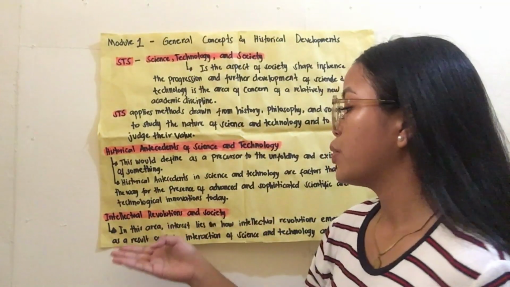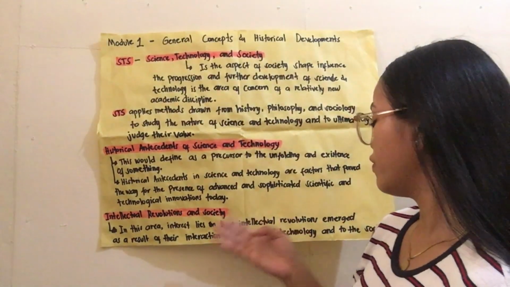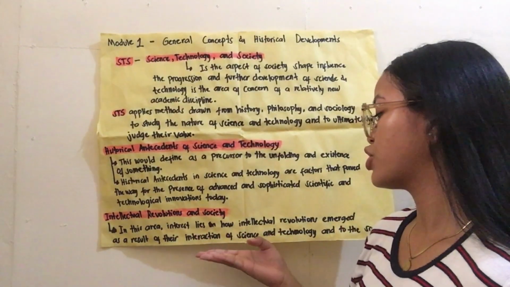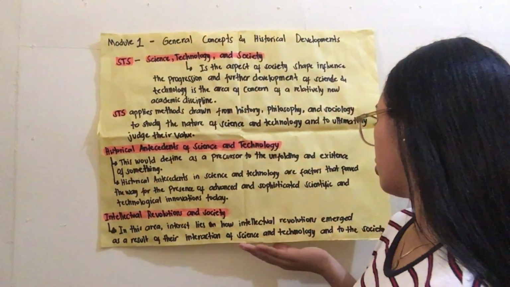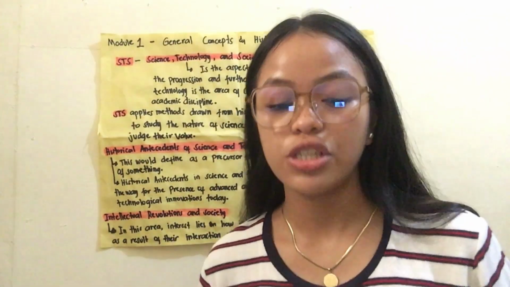The next topic of module 1, under section number 3, is the intellectual revolutions of society. In this area, interest lies in how intellectual revolutions emerge as a result of the interactions of science and technology with society. Intellectual revolutions changed the way people perceived the influence of science on society in general.